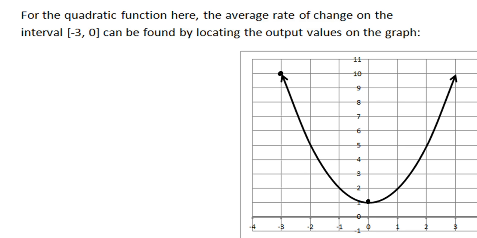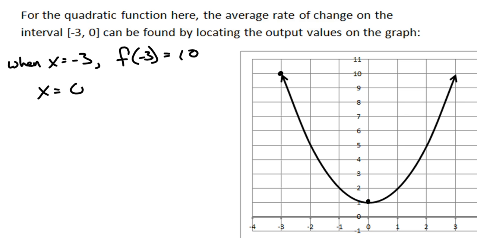So to write that in function notation, when x equals -3, the output value of the function at -3 is 10. And when x is equal to 0, the value of the function at 0 is 1.